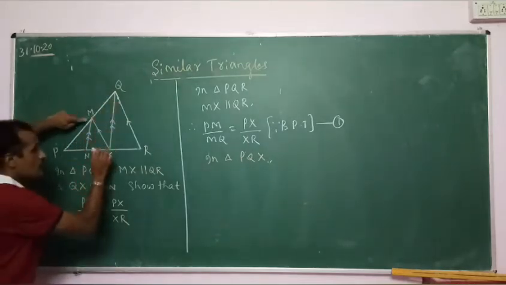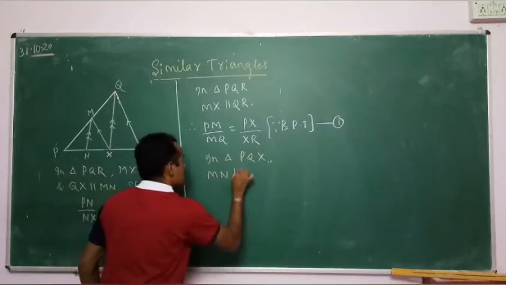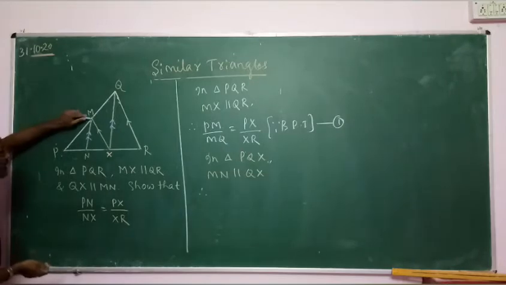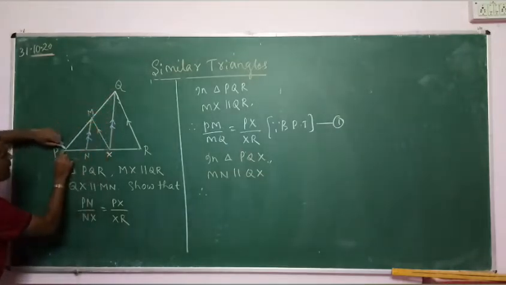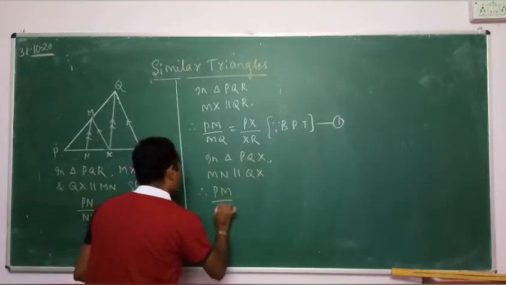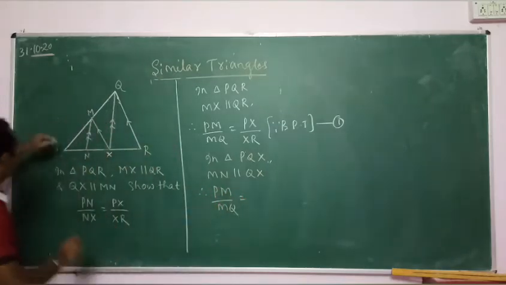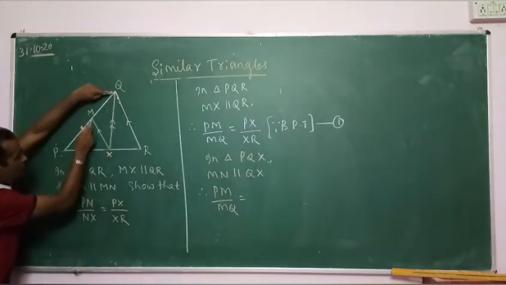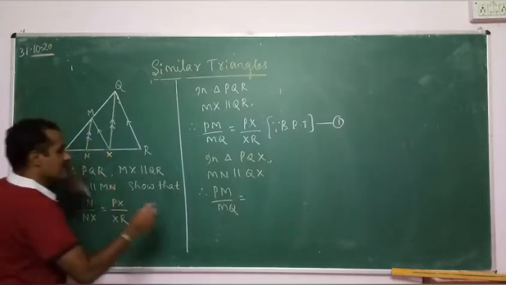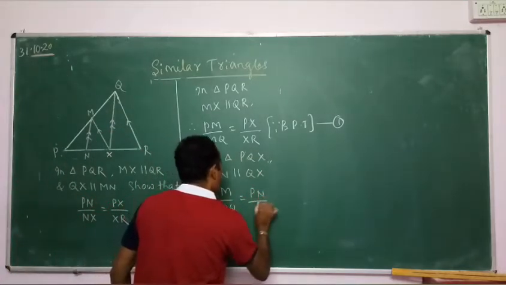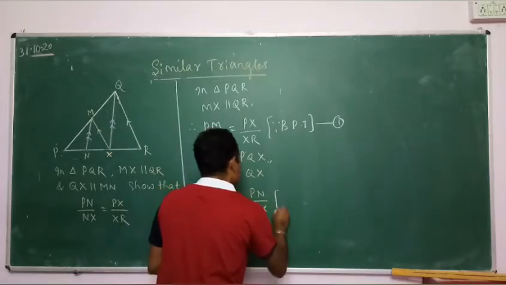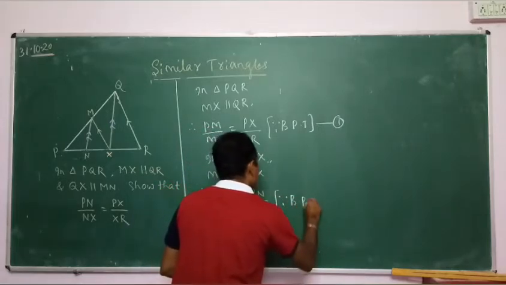MN is parallel to QX. Therefore, PM by MQ is equal to PN by NX. Again, this is because of the basic proportionality theorem.